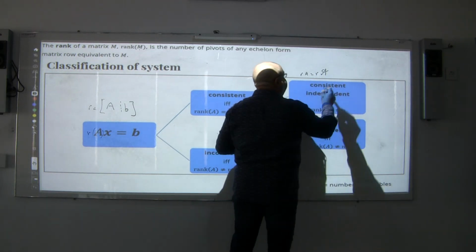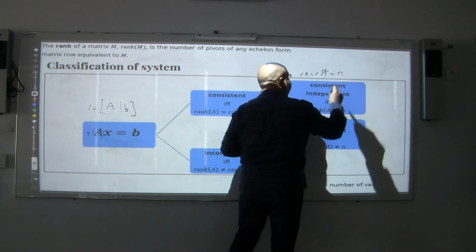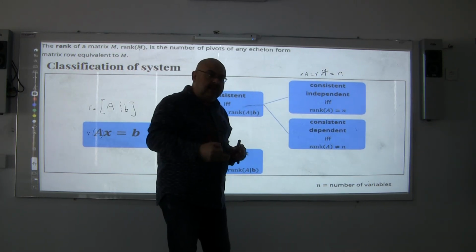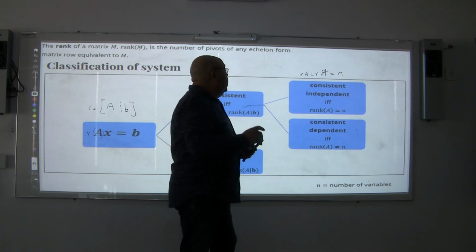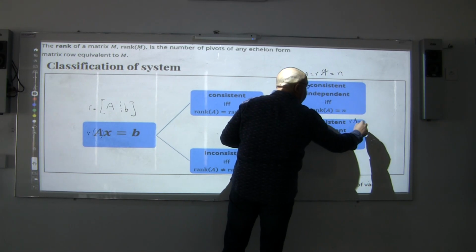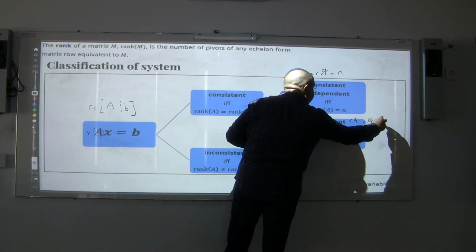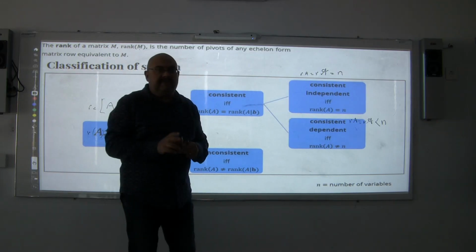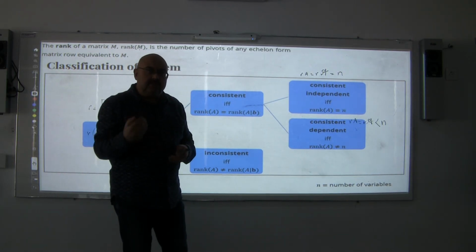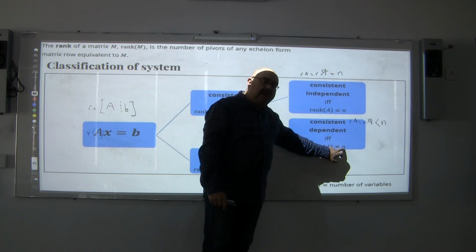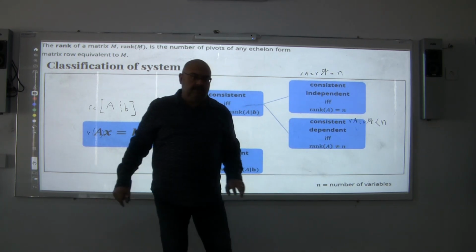If they are equal to the number of variables, then you will have a consistent independent solution. If the rank of A equals the rank of the augmented matrix but is less than the number of variables, then you will have a consistent dependent solution. This is why it is written here that rank of A doesn't equal n, which is the number of variables.